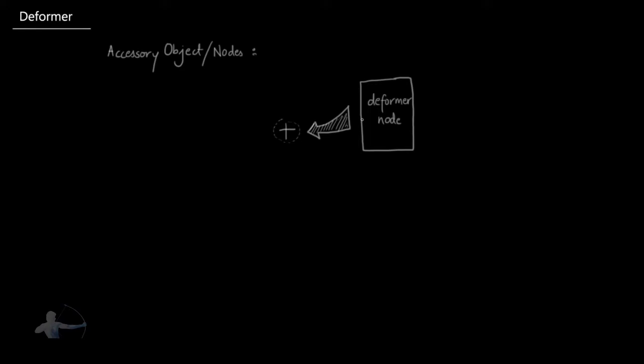These are completely optional objects or nodes. It is not necessary to have those objects, but they are created to give the convenience to the user to derive the deformation using those objects. So there are some properties which your accessory object should carry.